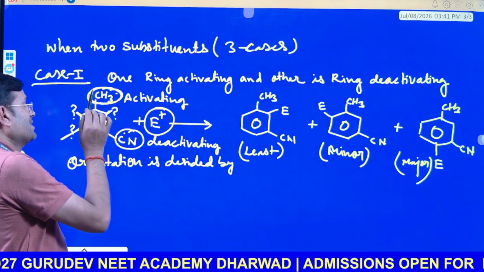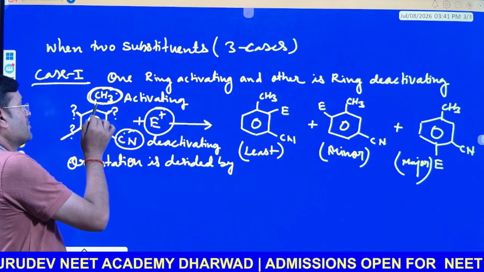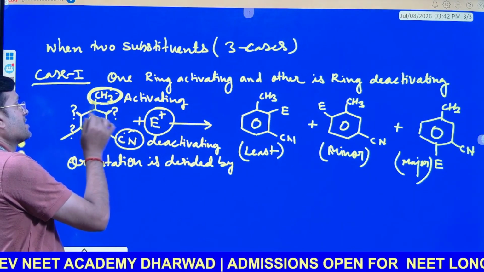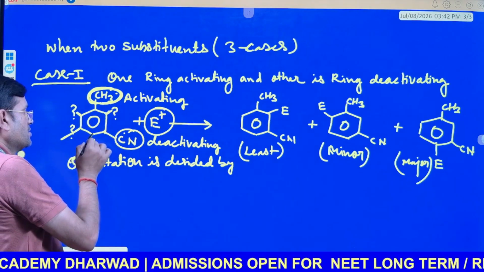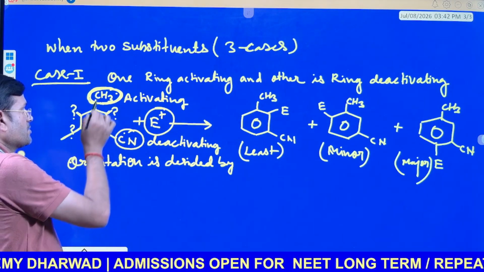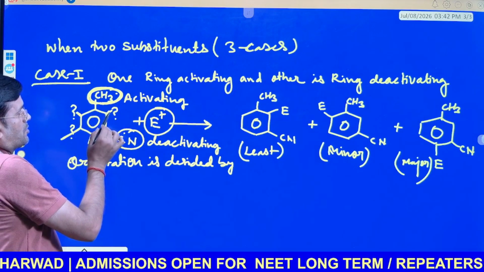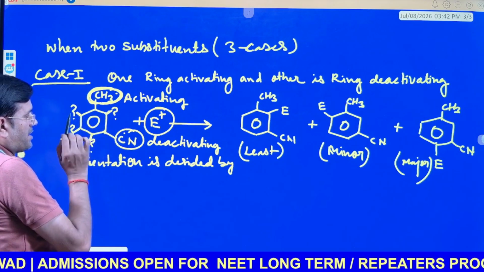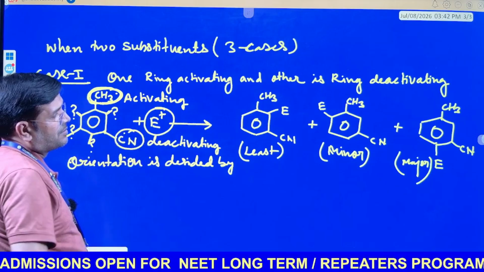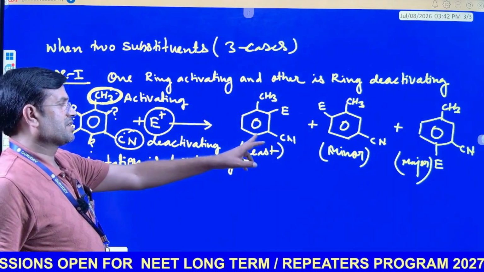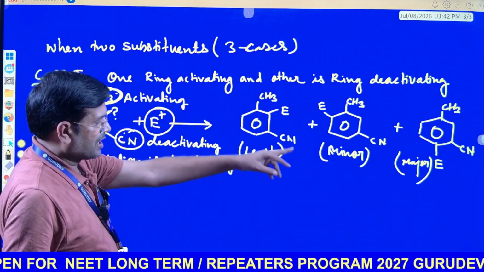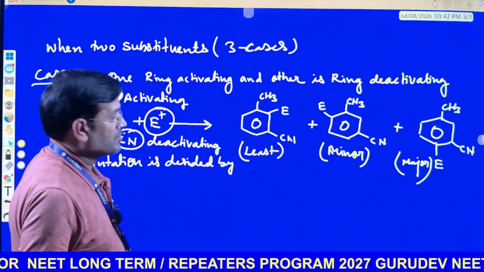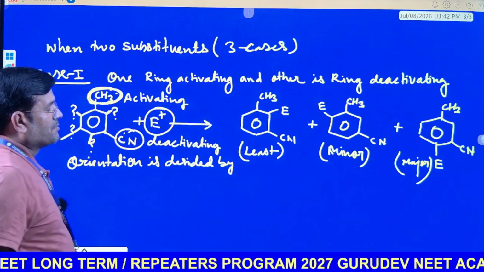CH3 is activating, so the product will form as per its direction. So it directs the incoming electrophile at ortho and para position. So this is the para position for this one. So ortho and para, 3 products will form. This one, because of the steric reason, will be in the least proportion, while para is major and ortho is minor.